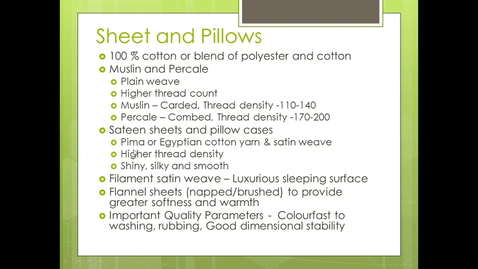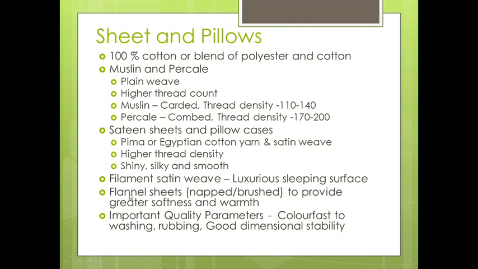Again, we keep a higher thread density, and it looks very shiny, silky and smooth, and the cost of satin sheets and pillowcases is much more. Filament with satin weave is also used, which is considered a luxurious sleeping surface and aesthetically looks better.